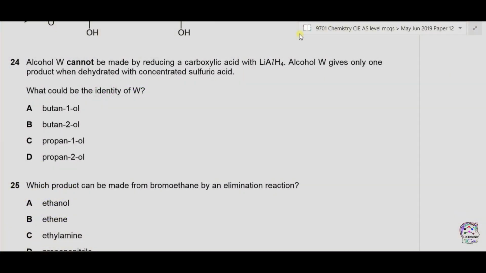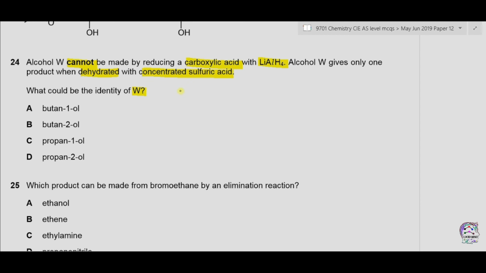Question number 24. Alcohol W cannot be made by reducing a carboxylic acid with lithium aluminum hydride. Alcohol W gives only one product when dehydrated with concentrated sulfuric acid. What could be the identity of W?